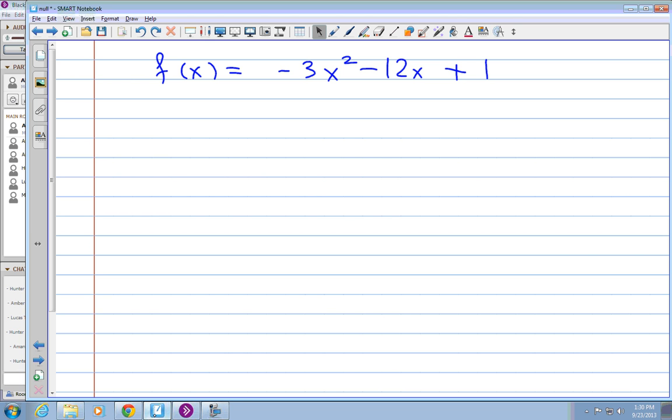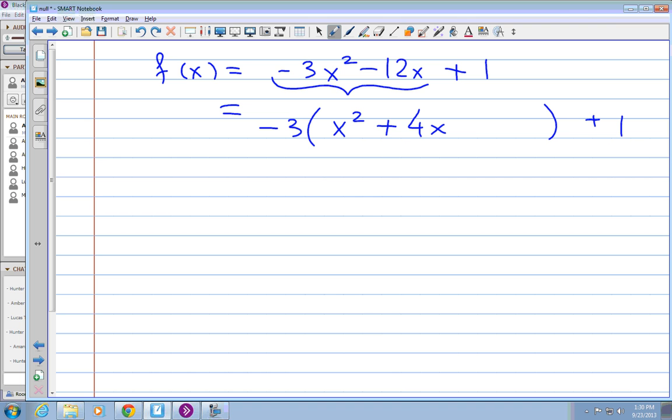So what I can do is just focus on the first two terms again. I don't care about that one. And I can factor -3 out of the first two terms. So that gives me x squared plus 4x, right? I'm going to leave a little space here and then plus 1 over there.